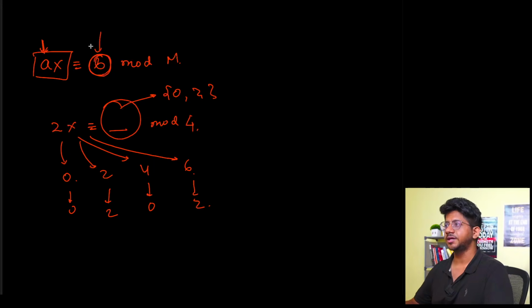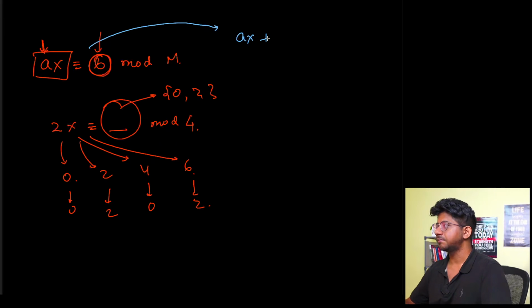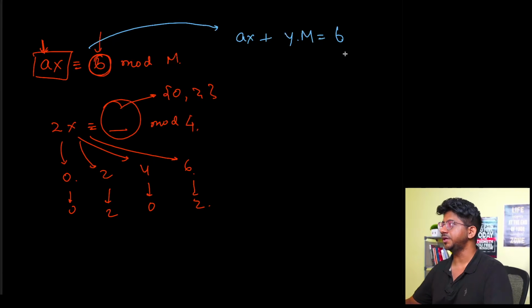The way to go about it is, I hope you have done it now. So ax plus some y times m is going to be equal to b. We have to find the potential values of b. For this the only condition is gcd of a comma m should divide b. So as long as this divides b, we are good.